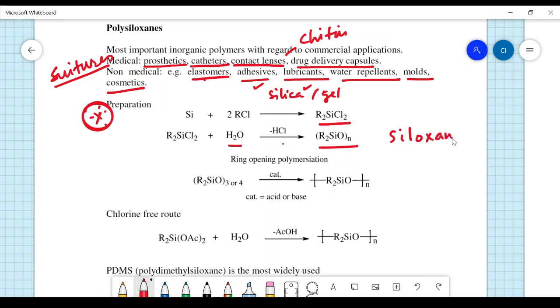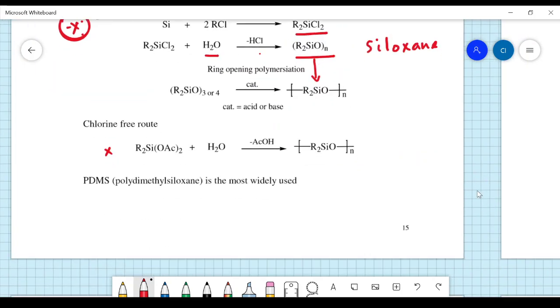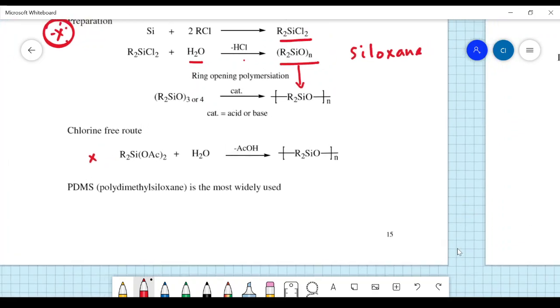Then you use the catalyst, ring opening polymerization takes place, and further polymerization is done. Here another route is given that may not be very important to you. Polydimethylsiloxane is the most widely used one, they are telling.